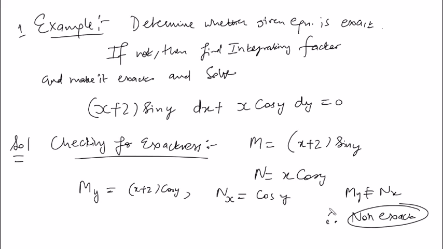So now we are trying to look for the integrating factor. And for that, we'll look at the two cases. Let's see in which case our example falls and then we'll see whether we are able to do that.